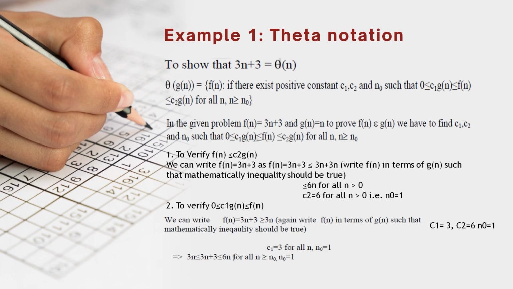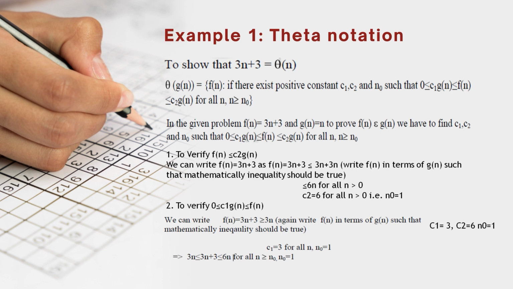So to prove f(n) equal to theta of g(n), we have to calculate c1, c2 and n naught such that f(n) must be greater than or equal to c1 times g(n) and less than or equal to c2 times g(n) for all n greater than n naught. To verify, this problem will first be broken into two parts. First, f(n) is less than or equal to c2 times g(n).